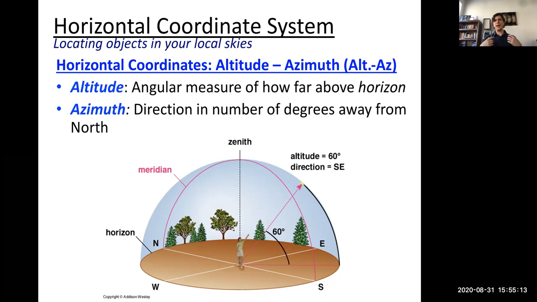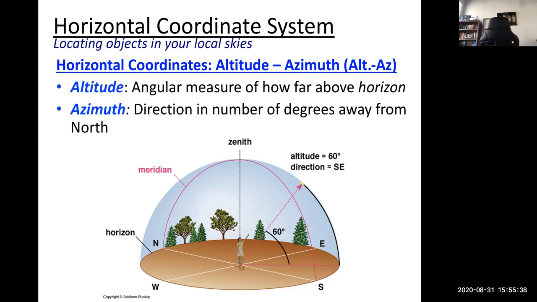In azimuth, we're going to describe how many degrees we are away from north. If I point due north, again pointing directly at the screen, I'll define that as due north. Then as I rotate to the east, how many degrees am I away from north? To go to east, I'd rotate 90 degrees. So east is at azimuth 90.